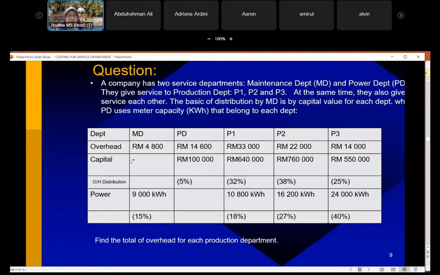Actually, not cost, it is the capital that they use, because the basis is capital. So how do you want to calculate the percentage? In common sense, how do you calculate the percentage? Common sense. I give the answer here. Yes, percent.